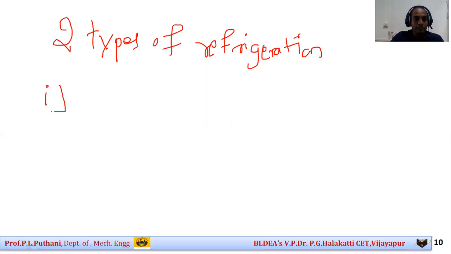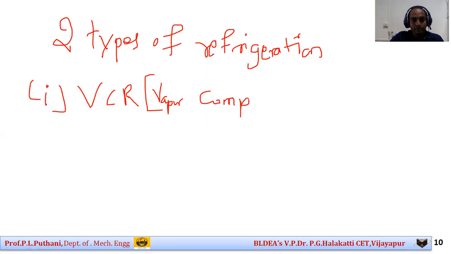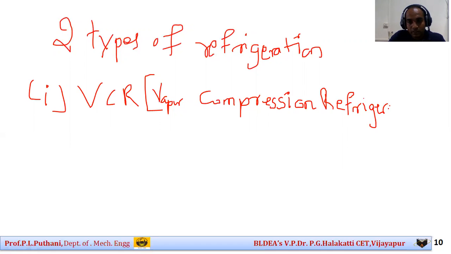The first type, which we have just discussed, is VCR, which is also known as vapor compression refrigeration.